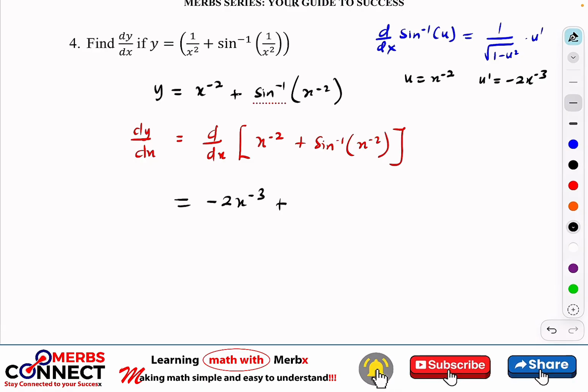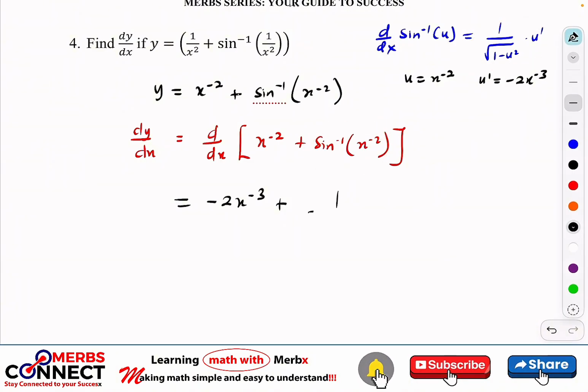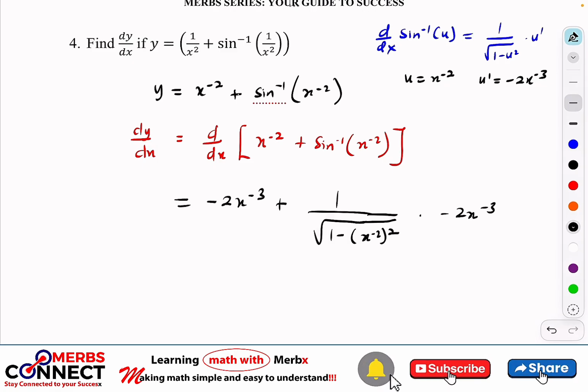So plus, now let's differentiate this. Now we are going to use the rule here. So this is going to be plus 1 divided by square root of 1 minus u squared, by u, which is minus x to the power minus 2 squared, times minus 2x to the power minus 3.